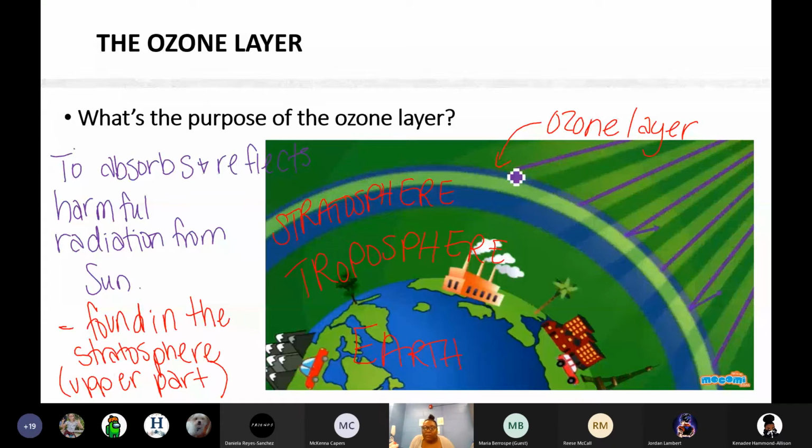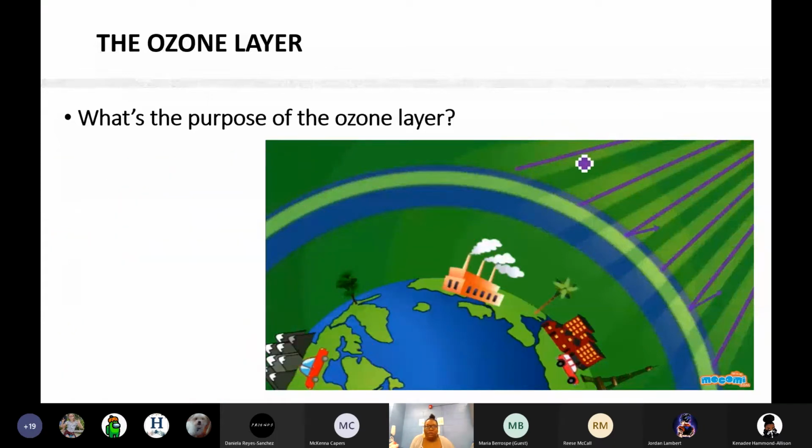So some of the radiation shown in these waves here are going to be absorbed, soaked up by the ozone layer, and others of them will be bounced back or reflected.